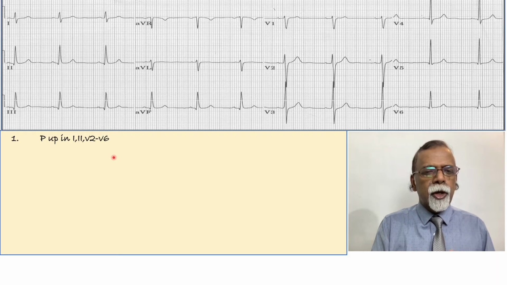It should not be more than 3 small divisions, and the height is less than 3 divisions. Easy to remember. So you should look at the shape of the P wave, whether it is upright in lead 1, 2 and V2 to V6, and also see what is the height and breadth of the P wave.